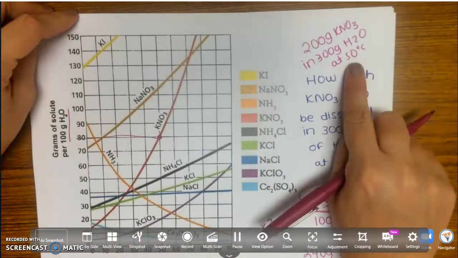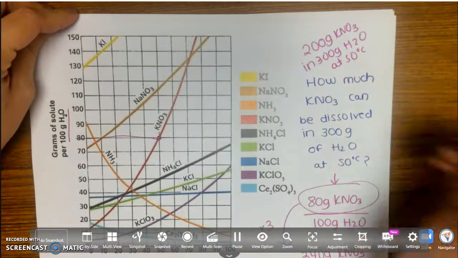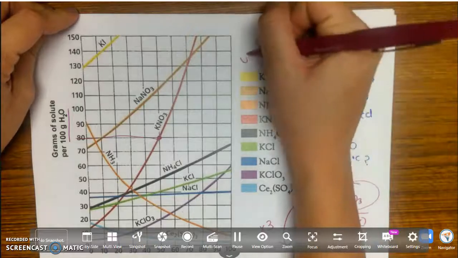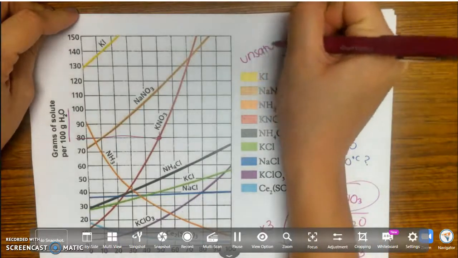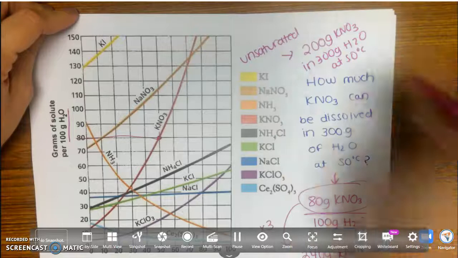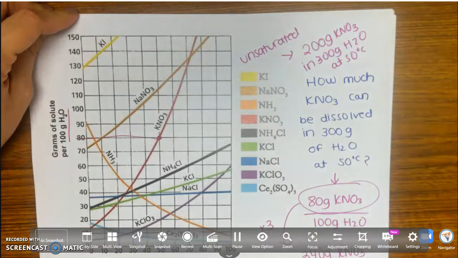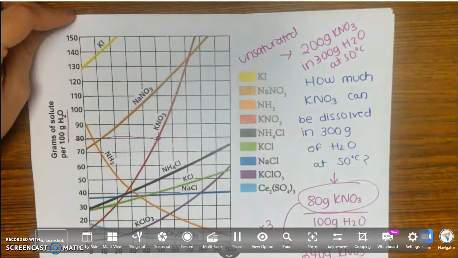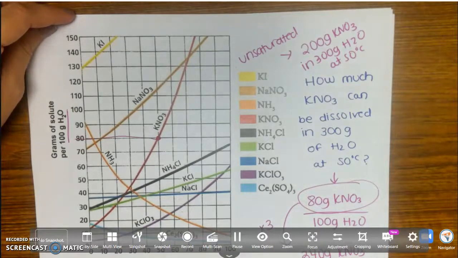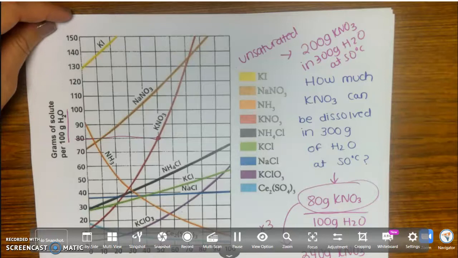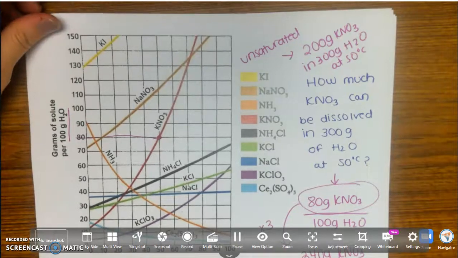If I have 200 grams dissolved, I could dissolve more, so that would be unsaturated. So you can take these graphs and still, even if the water amount changes, answer saturated, unsaturated, etc. So pay attention to your water amounts.